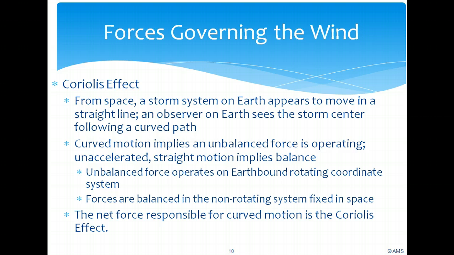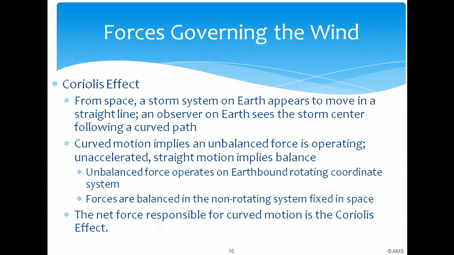Instead of wind blowing directly from a high to a low pressure, the rotation of the Earth causes wind to be deflected off course. In the northern hemisphere, wind is deflected to the right of its path, while in the southern hemisphere it's deflected to the left.